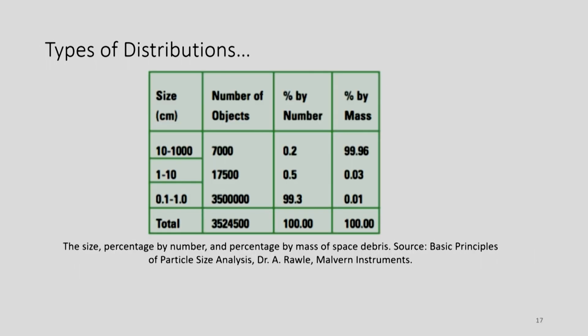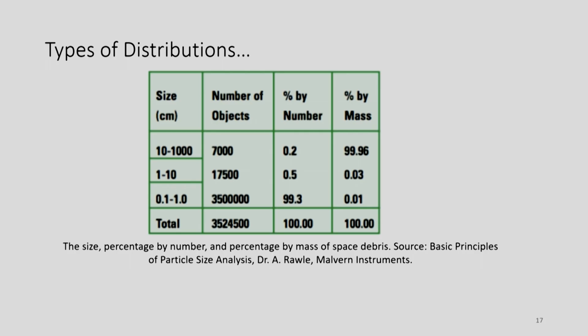So how does it affect? For example, this is again from Malvern. For the same particles, if you are using different distributions. So this is for the percentage of mass of space debris. If you look at the size of particles, you can see smaller particles are in higher number, so their distribution will be different.